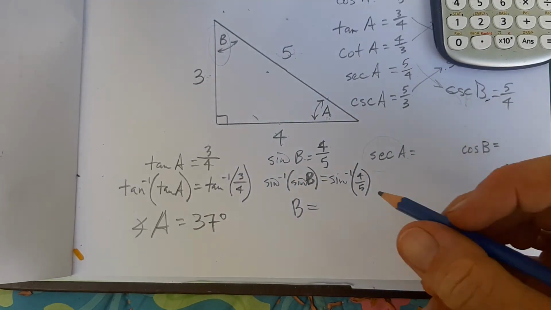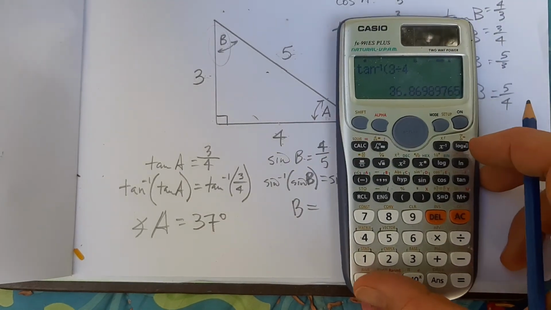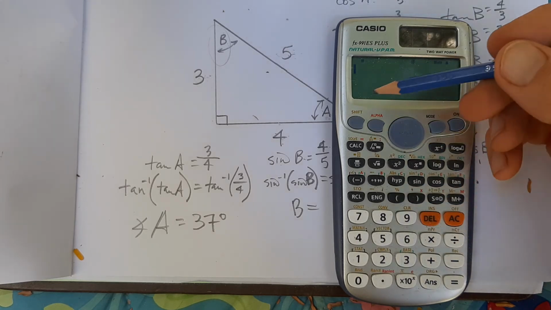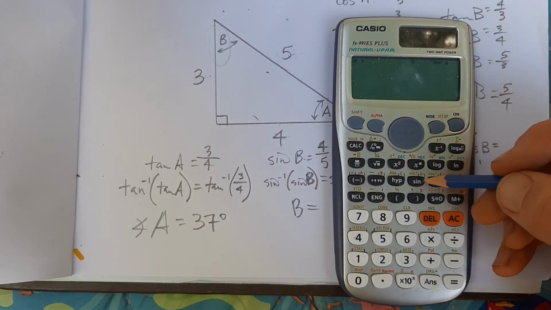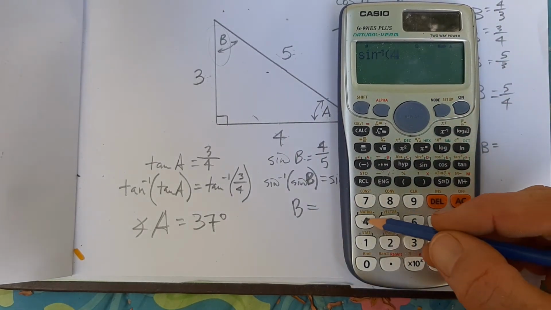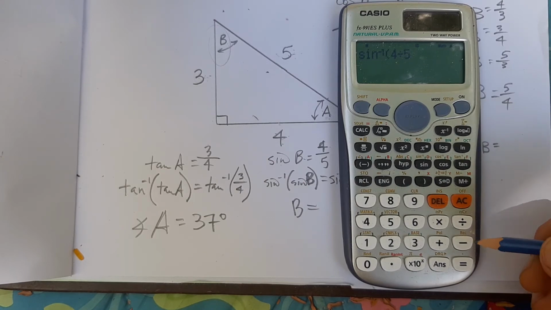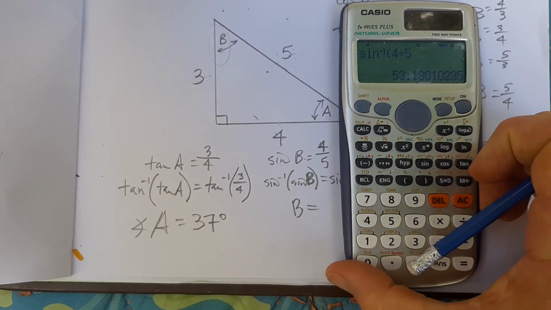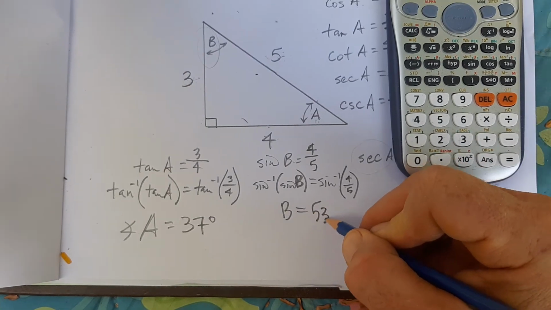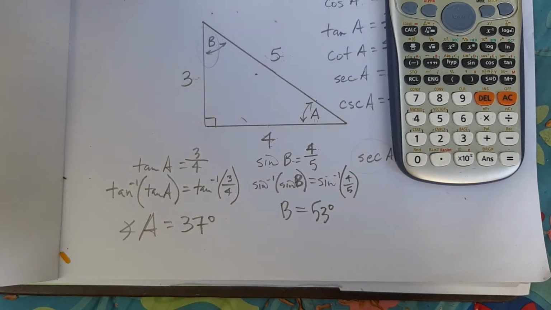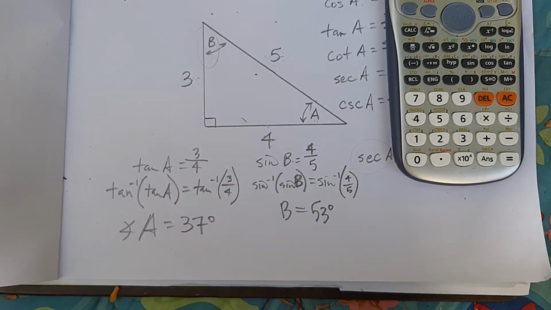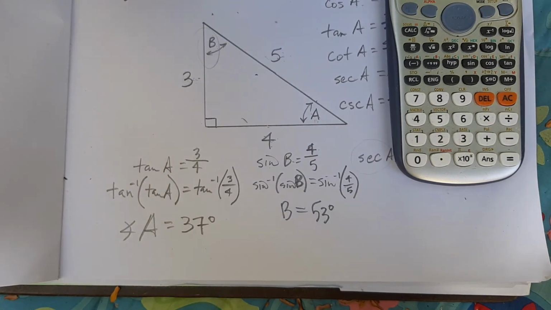And I put this in my calculator. So I put in clear, shift, sine. That gives me my sine inverse. I put in 4 divided by 5 equals 53 point something, 0.1. So 53 degrees. And if you add these two up, what do you get? 53 plus 37 better equal 90.